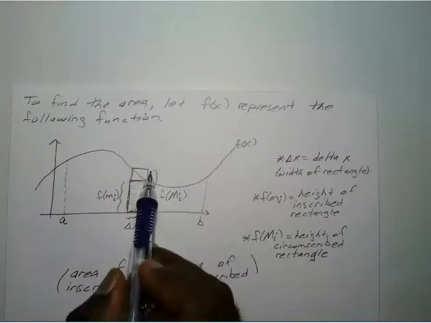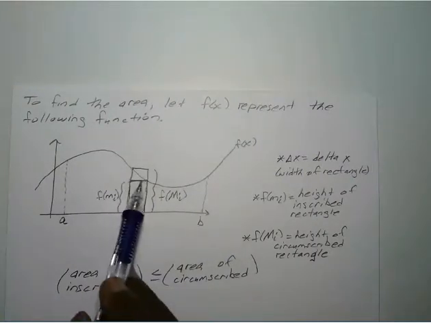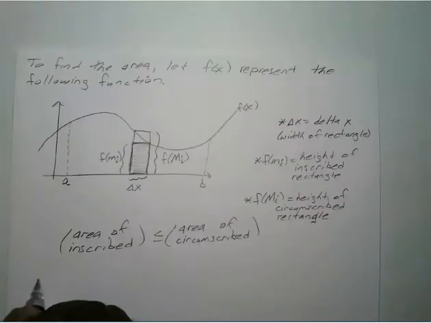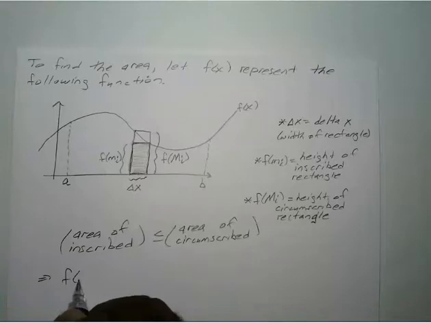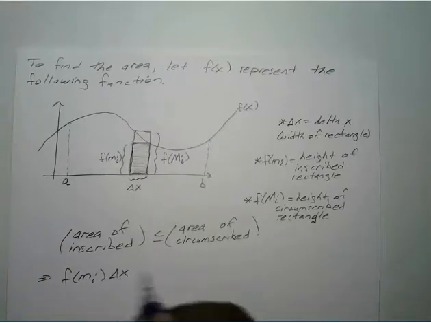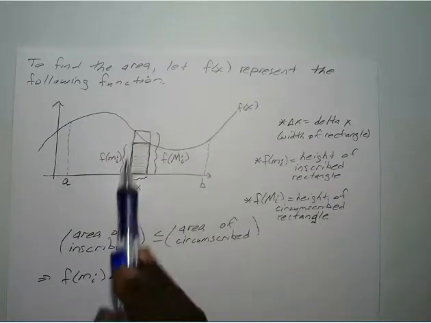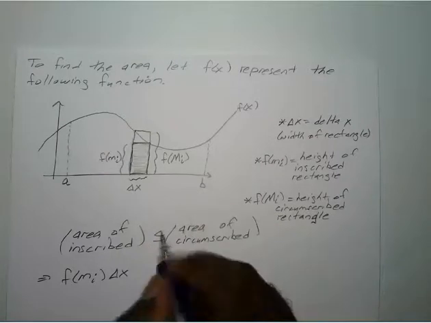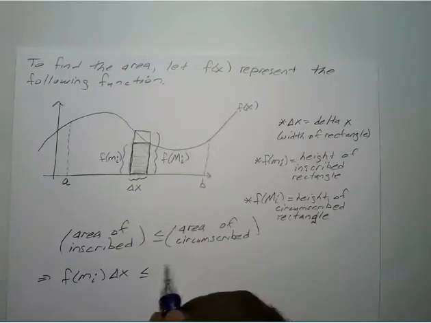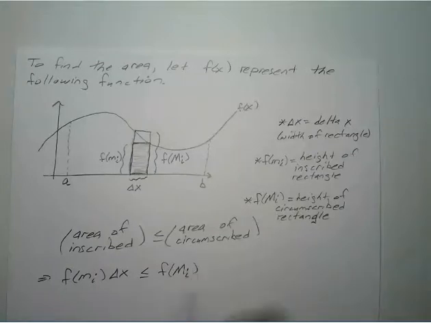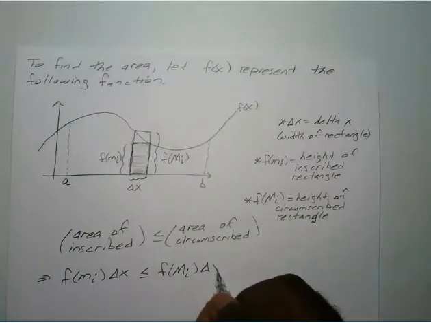We make a bigger rectangle that goes over the graph, and with the inscribed we make a smaller rectangle that's underneath the graph. So that means f of m sub i times delta x, the height times the width of our inscribed rectangle, is less than or equal to the height of our circumscribed rectangle times the width.